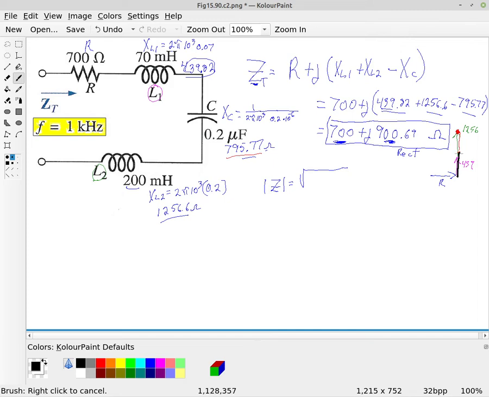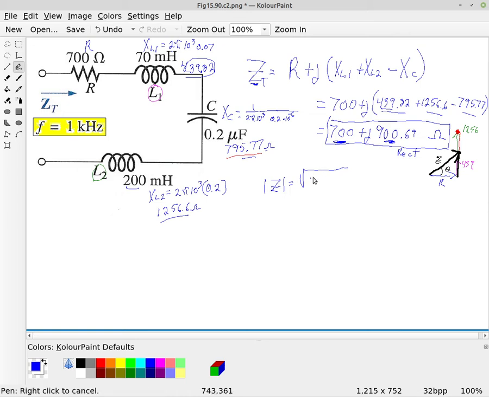This would be our impedance Z. So here's our right triangle. This is my overall impedance Z, and this is the phase angle.